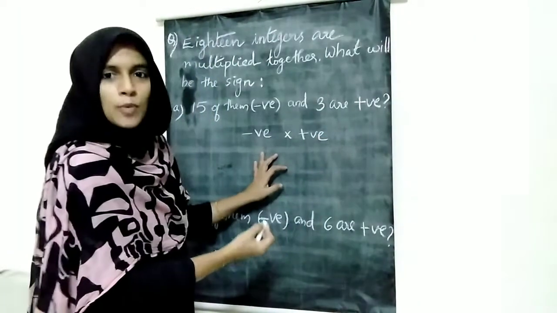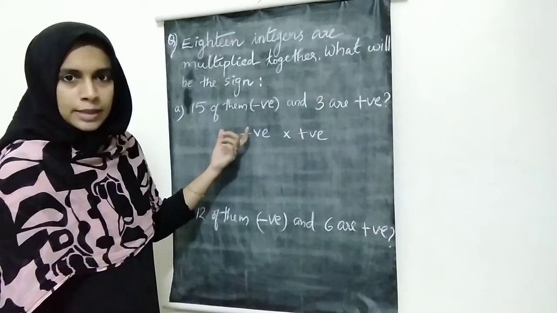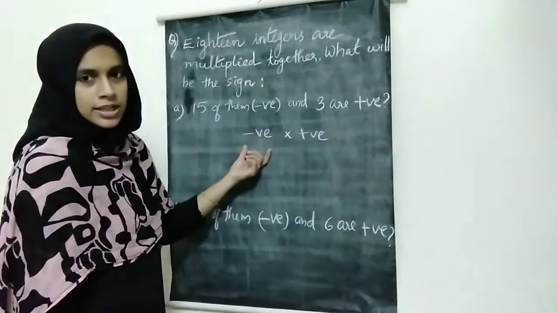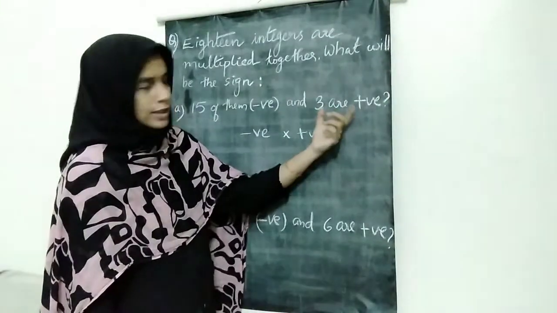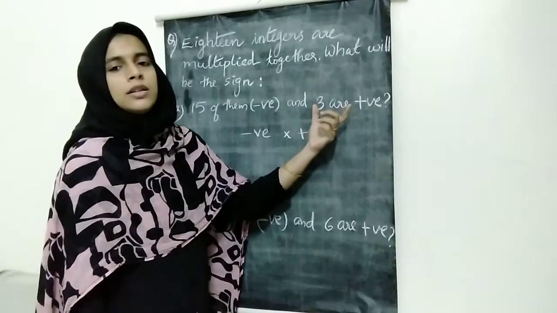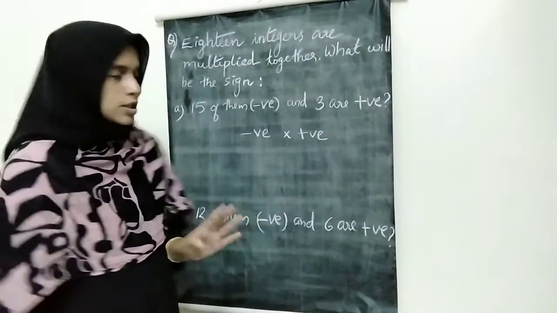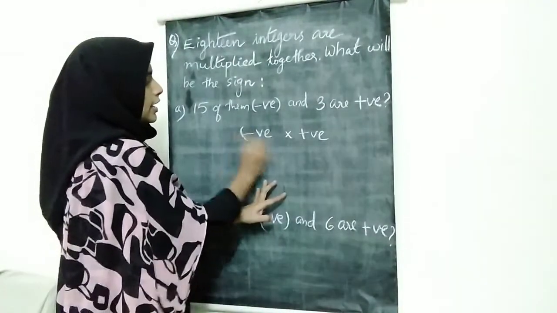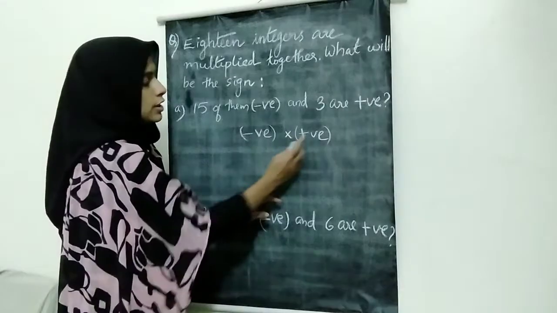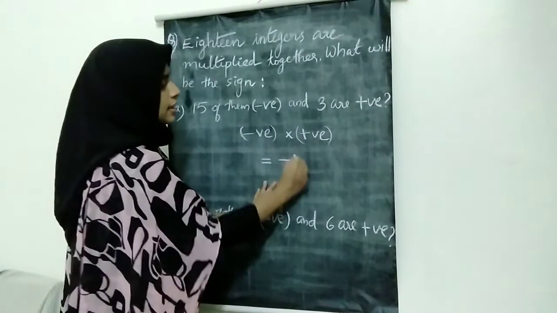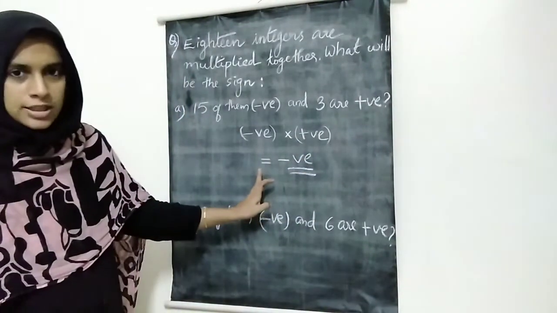Whether it is odd or even, when you multiply positive integers, answer will be positive. Now we got negative and positive. When you multiply one negative and one positive, what will be the answer? Negative. So, first answer is negative.